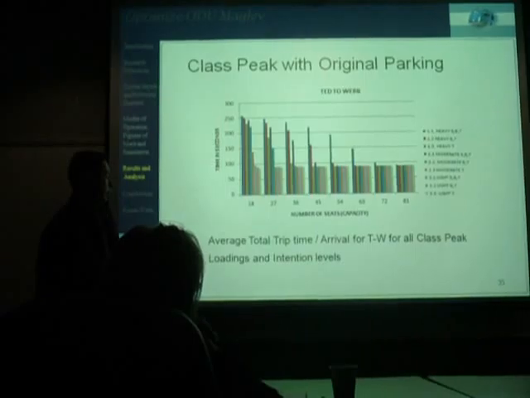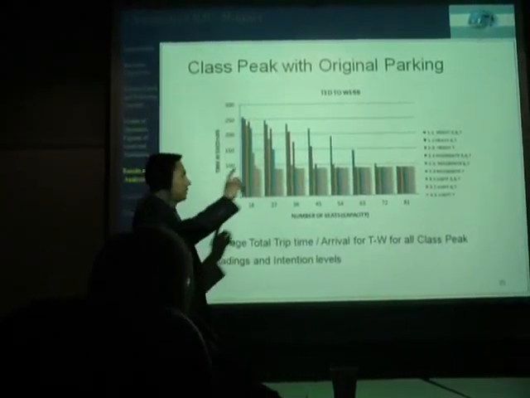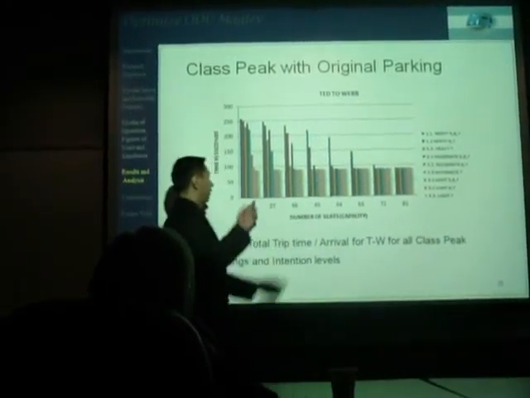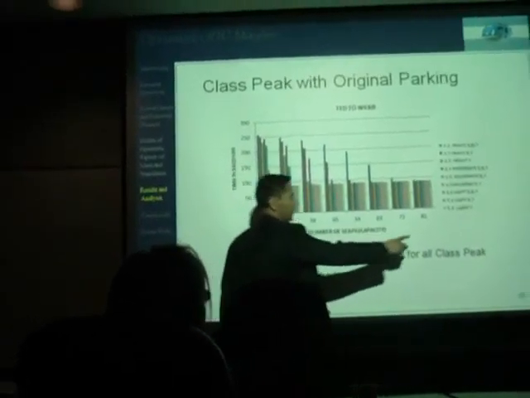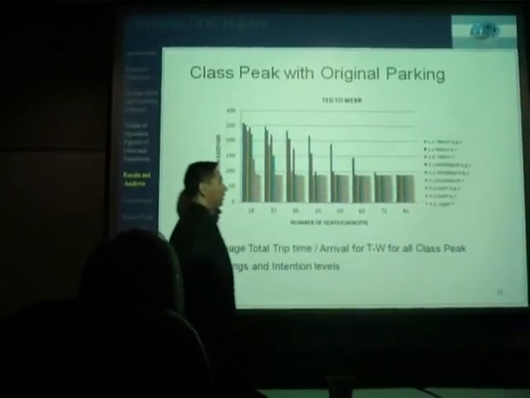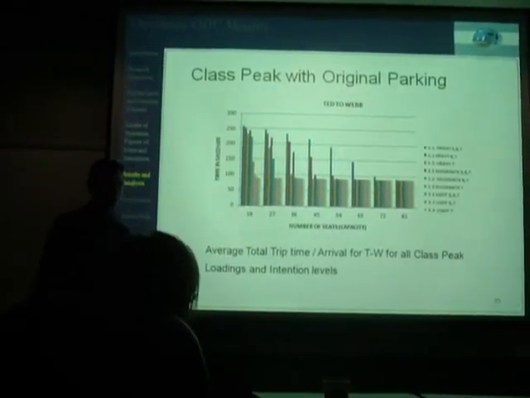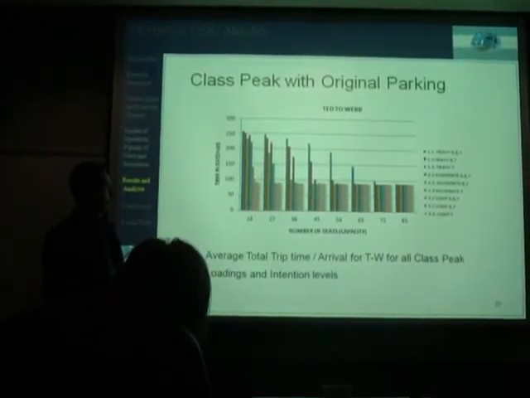We're talking about average total trip time for arrival again. Just focus on heavy, which is the blue line on the left side of each cluster, and focus on the light green, which is the right-hand portion of each cluster. And what do we learn?